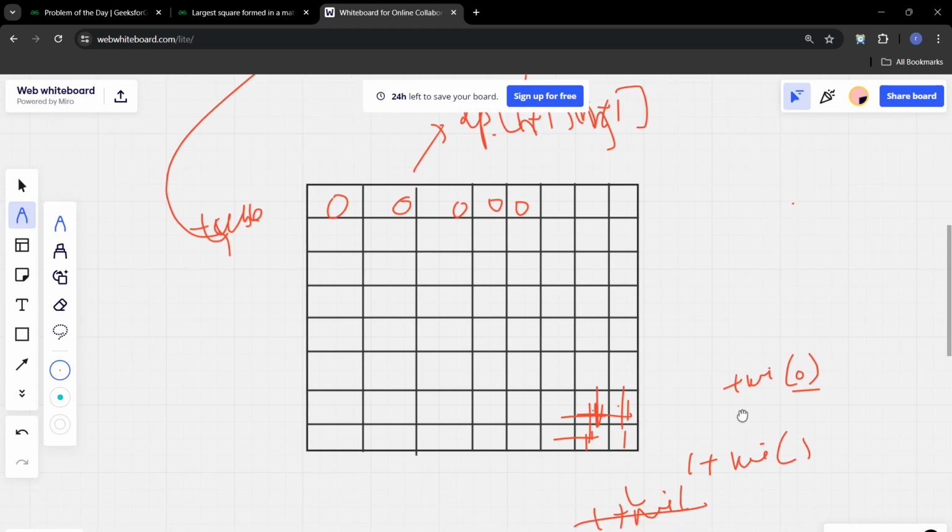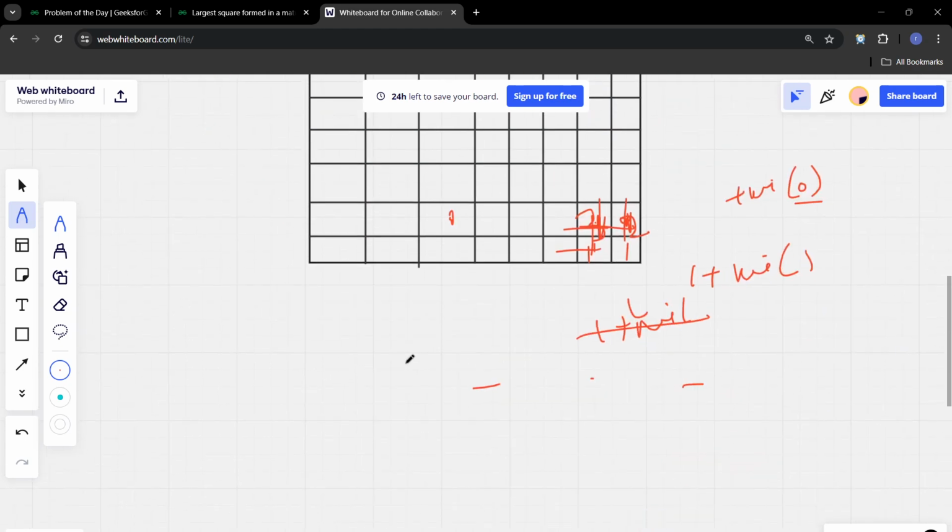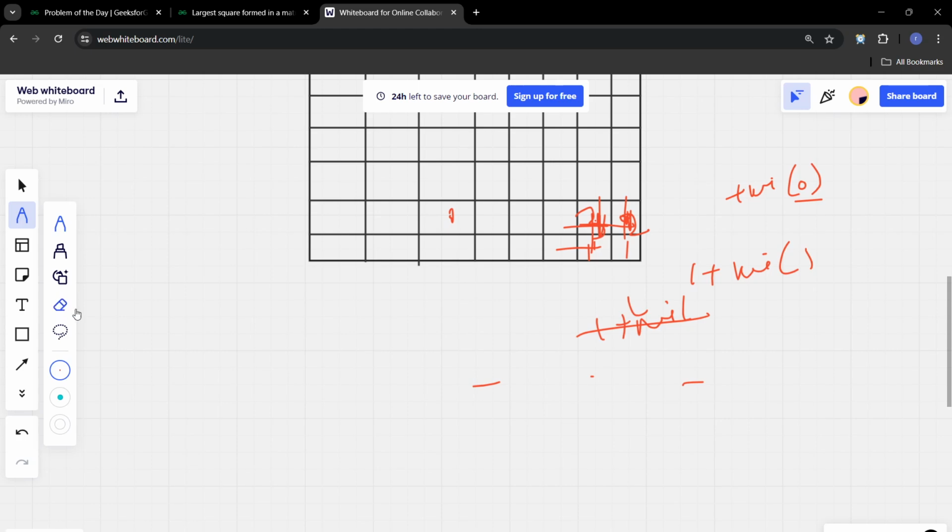DP means how, why, you can ask how are you saying minimum value? How I am saying minimum value means there can be cases, right? Suppose here 2 is there, here 3 is there. Let me erase this one again. I'll tell you again. This is a table.